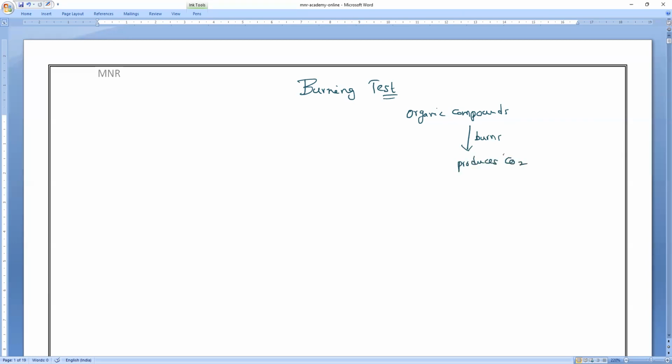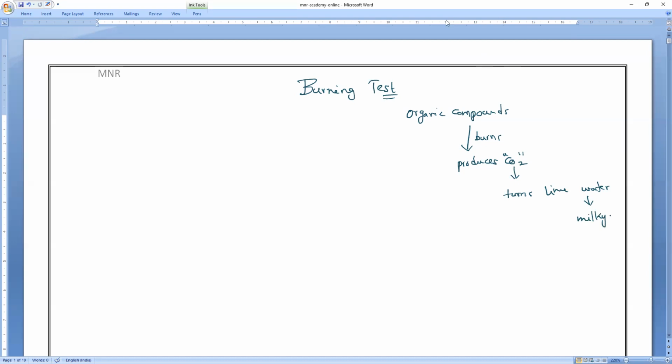Now if this carbon dioxide is released, how will we come to know? We will pass it through what, everybody? Lime water, which turns into what? Milky. So that is the detection of an organic compound.